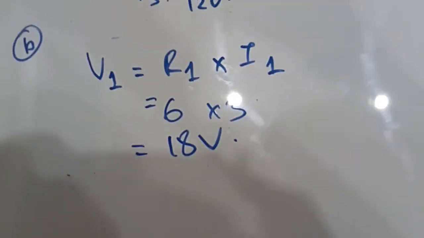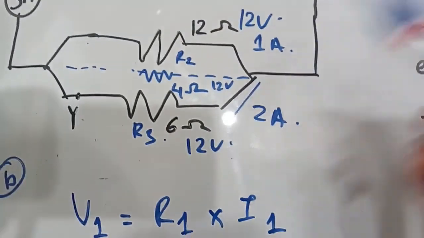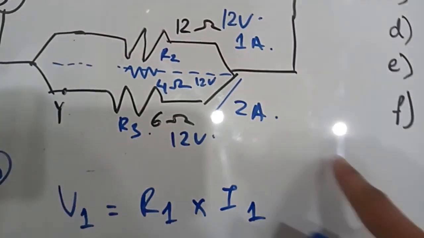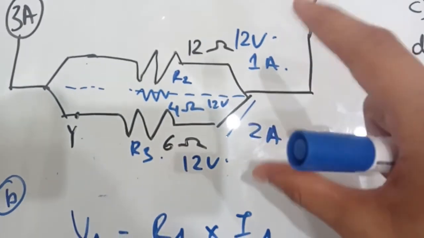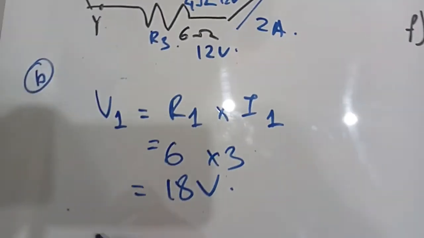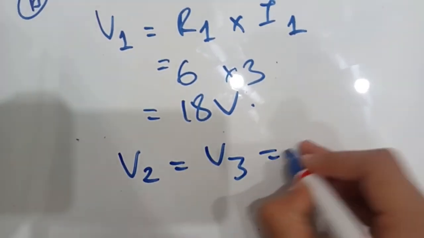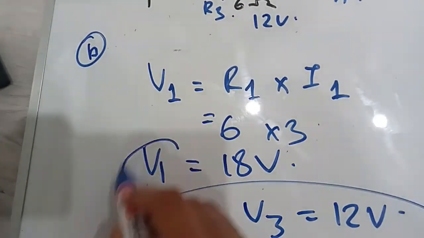That's the first one done. And you know what's surprising? We've already found the potential difference for the other two: 12 volts, because voltage doesn't split in parallel, so voltage 2 equals voltage 3 equals 12 volts. There we go. These are the potential differences for each resistor.